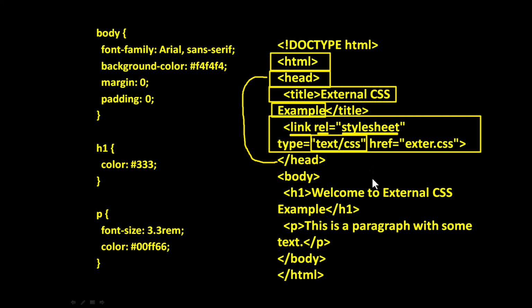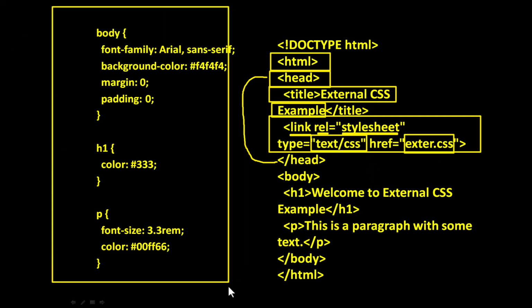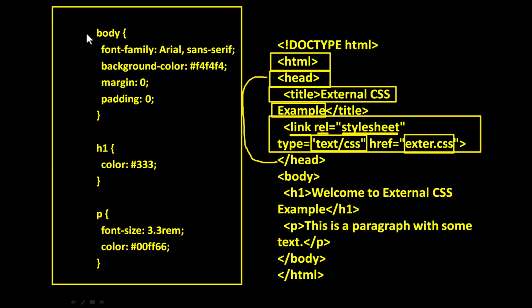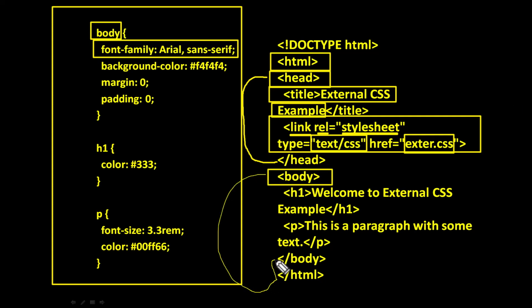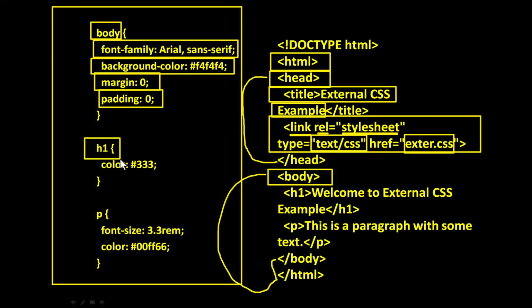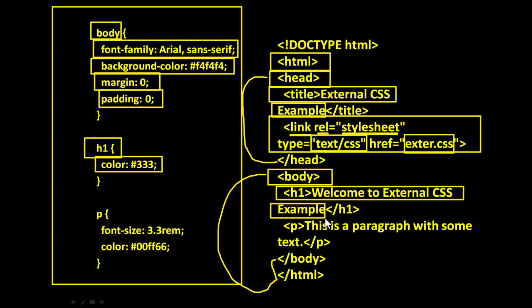So the font family is Arial and sans-serif is the font which they are using, and the background color is F4F4F4, and the margin is 0 and padding is 0. And the header which we have given, welcome to external CSS example, which we have specified in the h1 tag, and we are going to close the h1 tag, and here we have specified the paragraph tag with some effects.